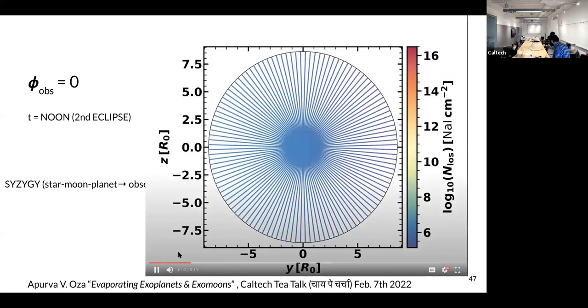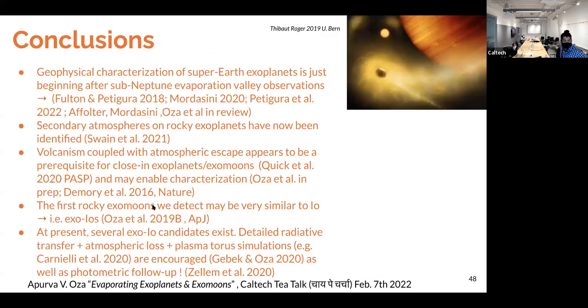Right, so I think these are about the same. Yeah, I've already done that. Yeah, so just to conclude, and I know I talked about two major topics, exoplanets and exomoons, but in conclusion, I would like to bring us all towards this idea of geophysical characterization of super Earth exoplanets. We know that from real data from Kepler that we can potentially start to characterize these worlds with small radii, super Earth-like radii, even Earth mass radii near the stars.